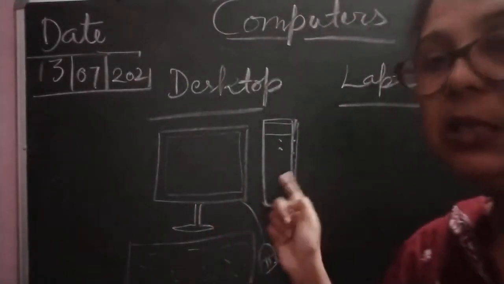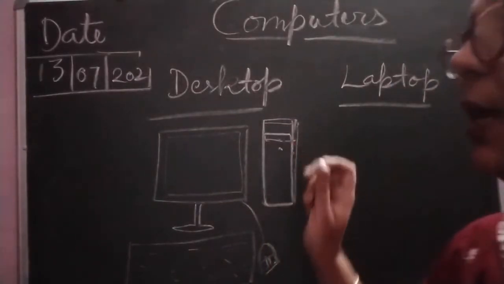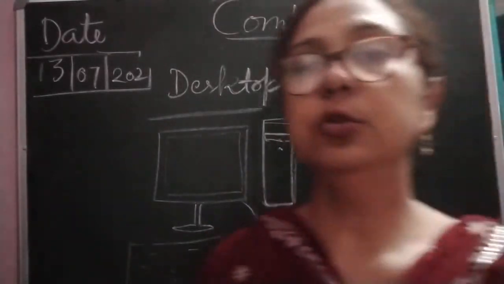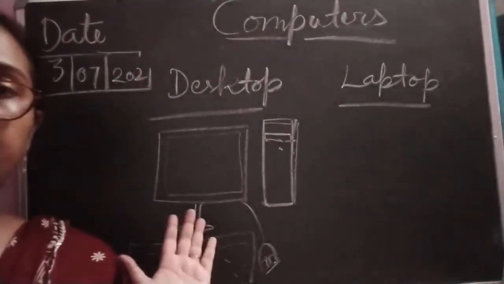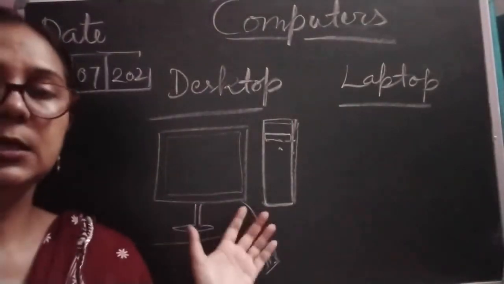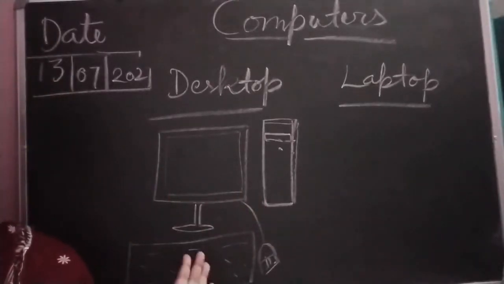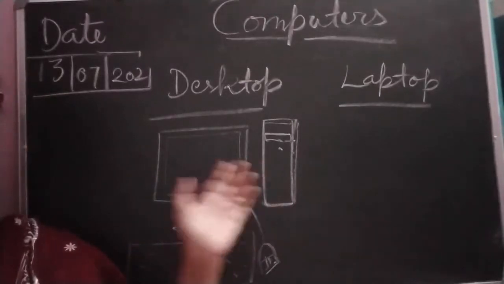We can use pen drives, and we can use CDs because it has a slot over here to insert our CDs, to convert files, or to save files. So children, this is the image I have drawn on the board, that is the desktop. A desktop always has a keyboard, a monitor and the CPU.